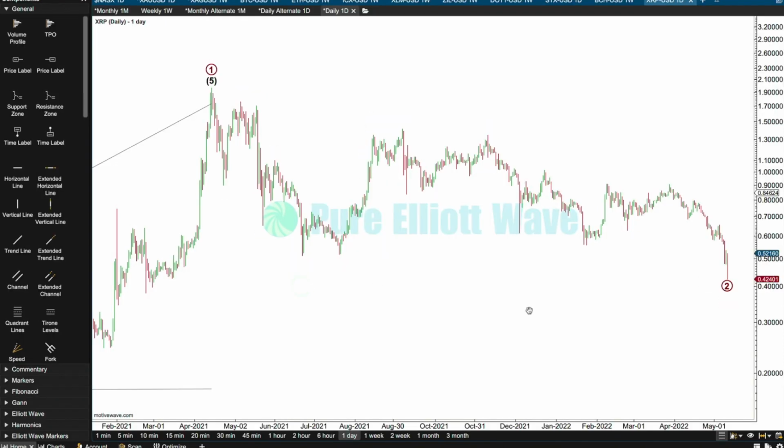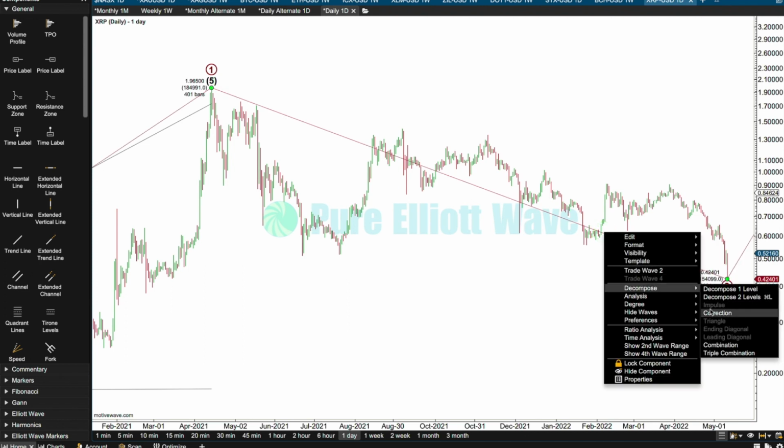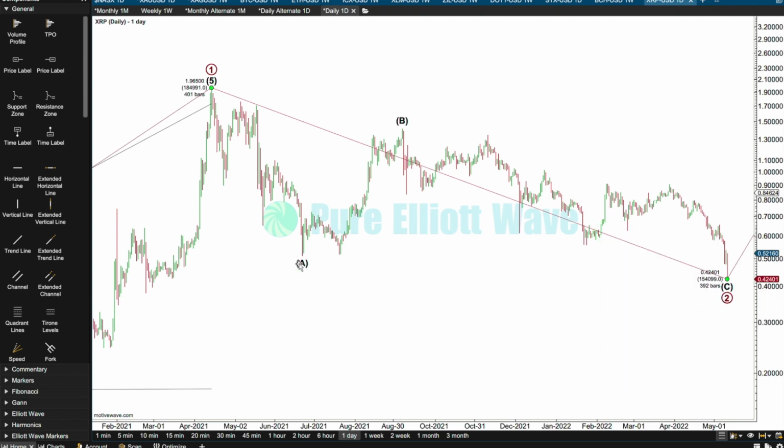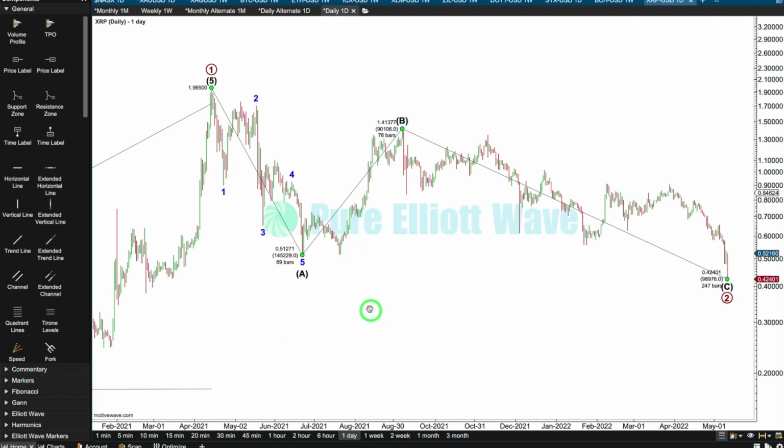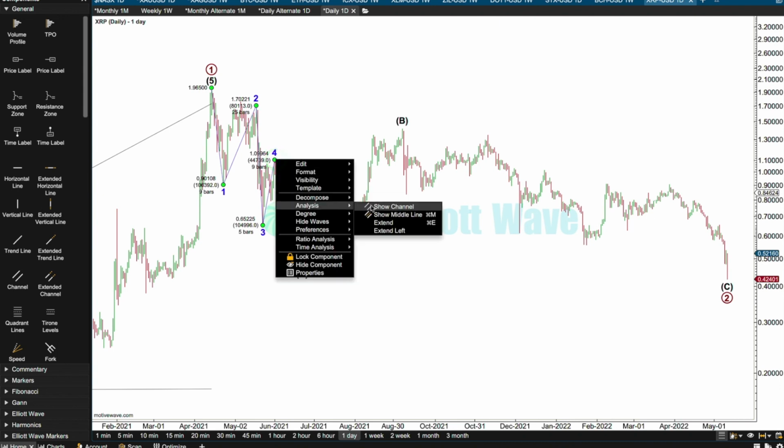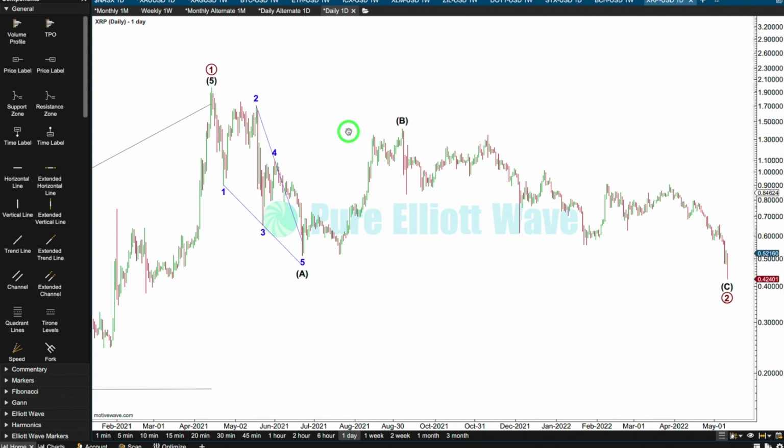Okay, so let's try a single zigzag. That doesn't look right.